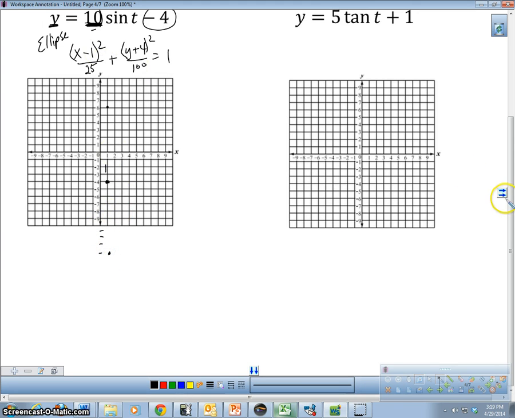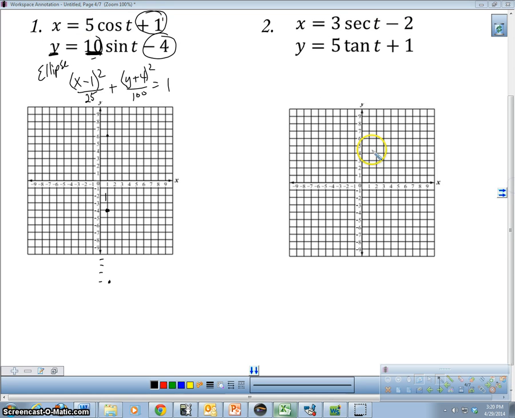And then we've got 5 units, and this is an advantage of using them parametrically, because we can see exactly how far to go. We don't have to take a square root or anything. So then we're going to, I'm not very good at drawing these ellipses on this pad. It looks like a rotten potato. But there you go, that's our ellipse.